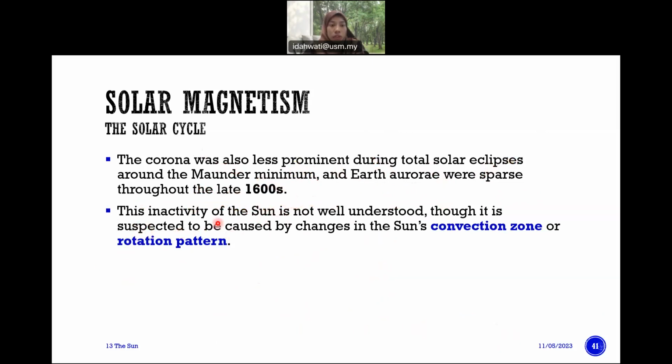This inactivity of the sun is not well understood, and it is suspected to be caused by changes in the sun's convection zone or the rotation pattern.